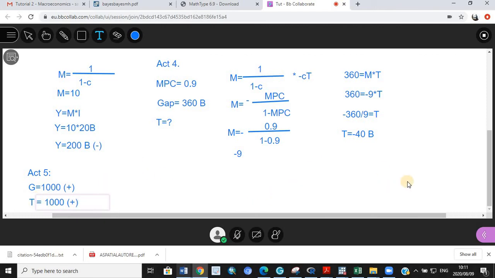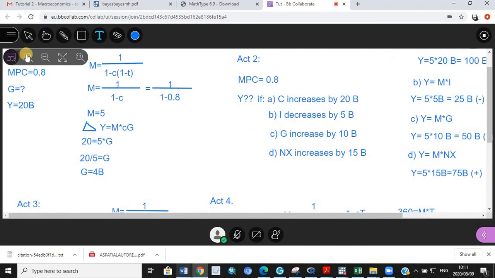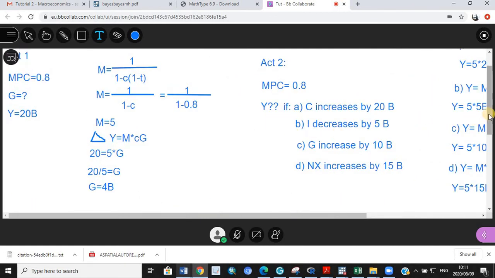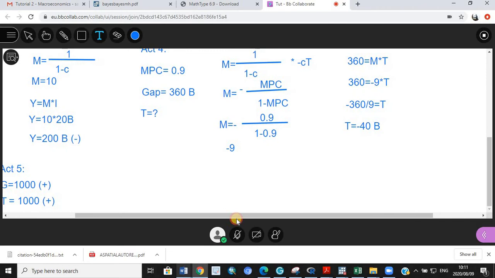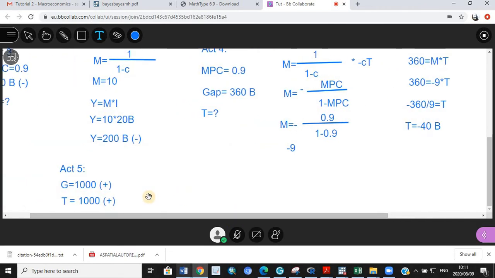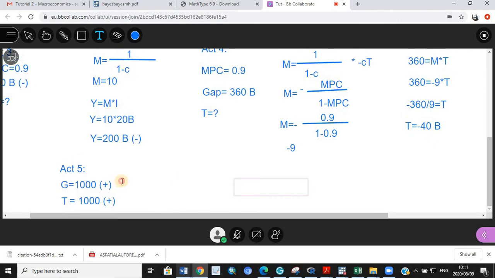What is going to be the change in the equilibrium income? In this case, y is what we are looking for.